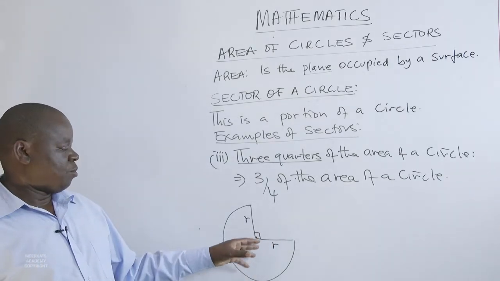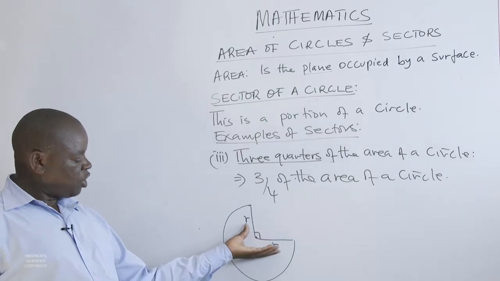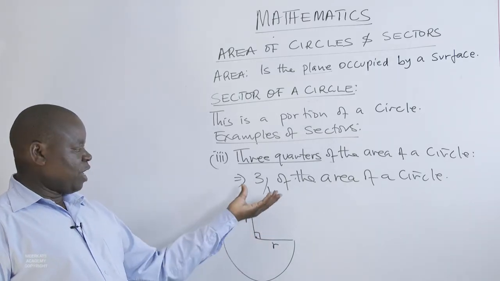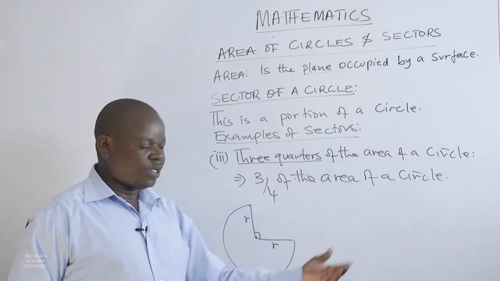Class, this is what we are talking about. You can see that this part is removed, so the area we want is this. We have said that it is 3/4 of the area of a circle.